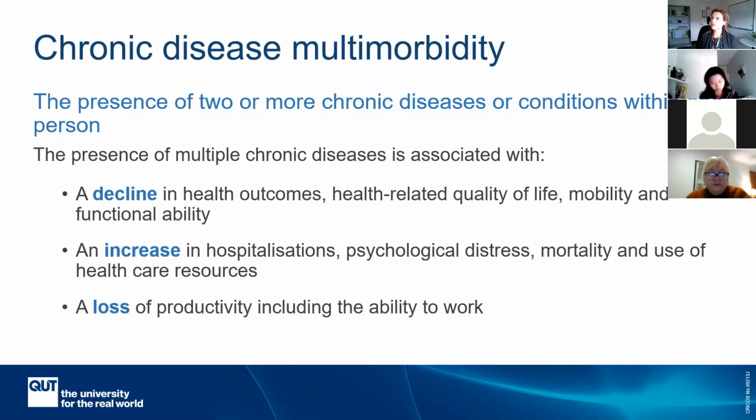In the chat, if you click on the chat and just write in there, just a couple of words or a phrase, why do you think we are seeing such a rise in chronic conditions and therefore multimorbidity? Just type in a reason or two why you see that we're getting more and more people experiencing it.